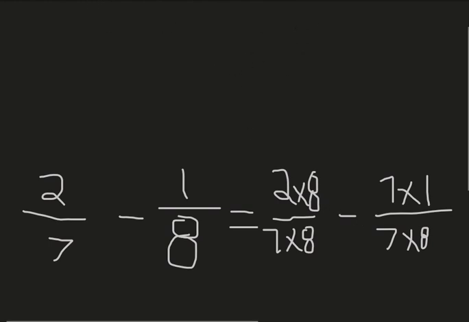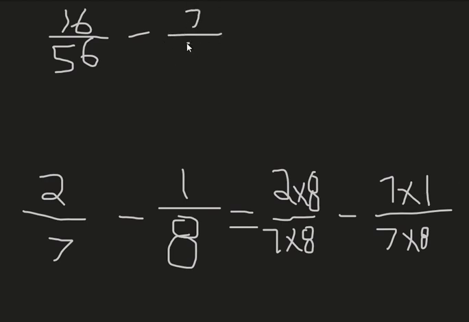2 times 8, 16, over 7 times 8, 56. I need to minus 7 times 1, 7, and 7 times 8, 56.